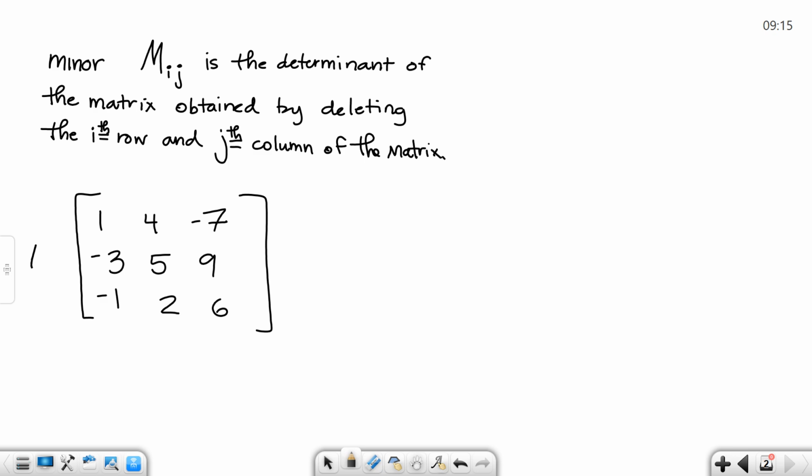I'm going to call this matrix A. And I want you to find these guys. We'll find that one. And this one.